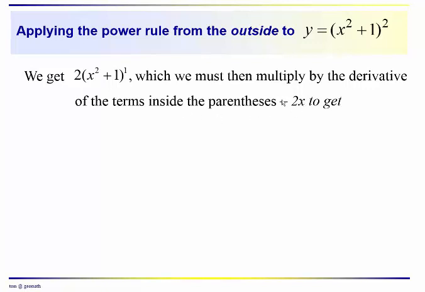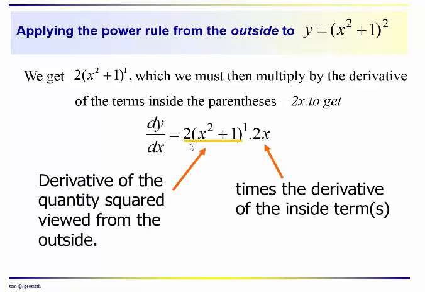That's not a minus sign, that's just a dash. And so our result is that dy dx is the result of that outside differentiation times the inside differentiation. We get the derivative of the quantity squared viewed from the outside, 2 times (x squared plus 1) to the 1 power, times the derivative of the inside terms.